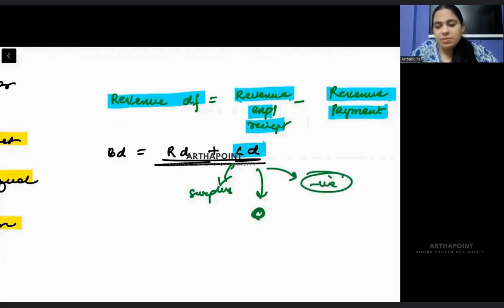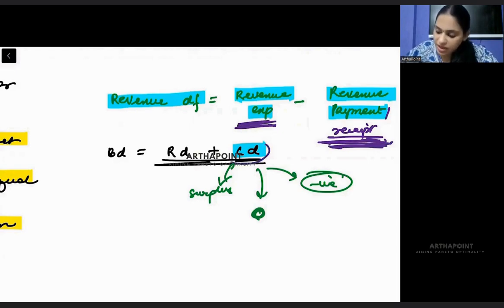That means expenses can be more than receipts. Expenses can be less than receipts also. Expenses can be equal to receipts also. So depending on whether in the capital account I have expenses more than receipts, equal to receipts, or less than receipts, it can be positive, negative, or zero.